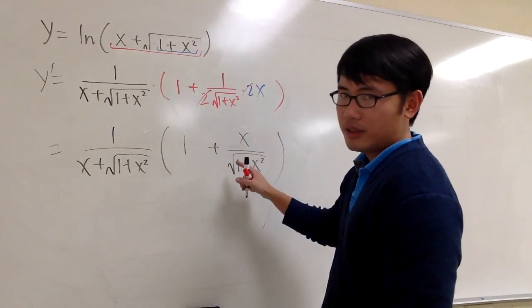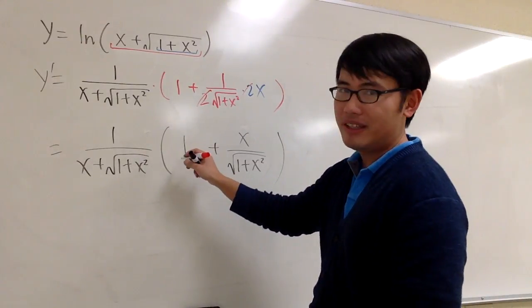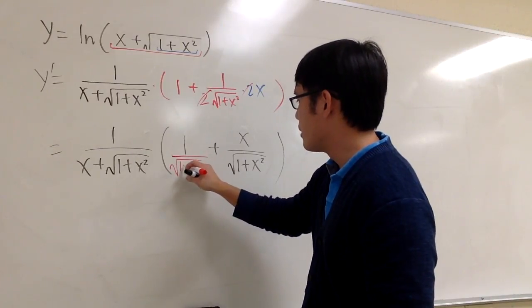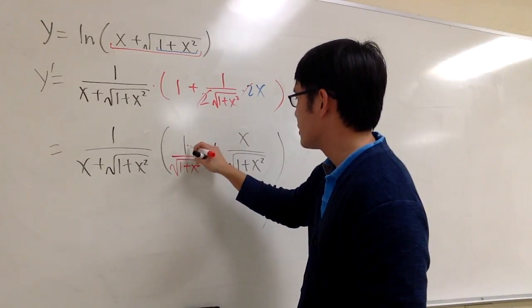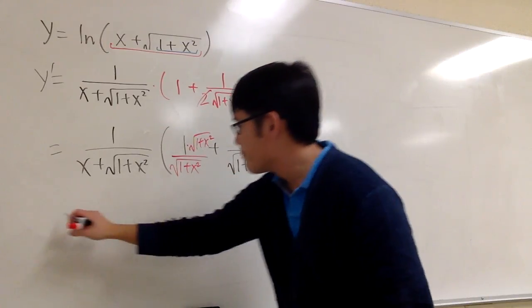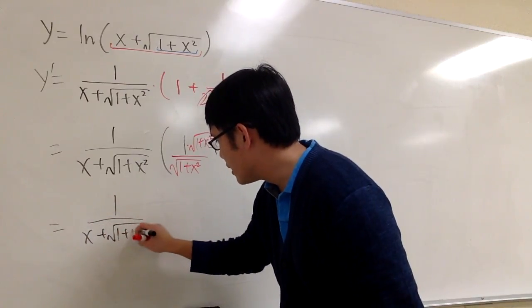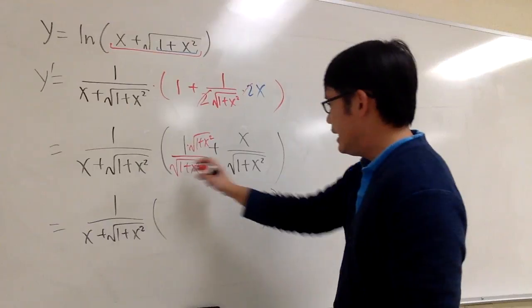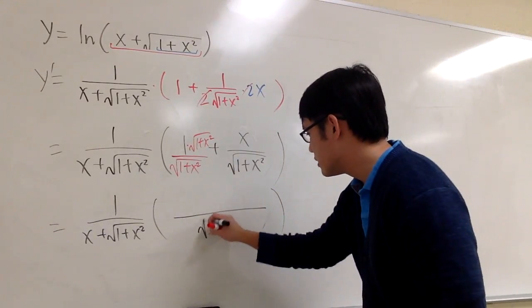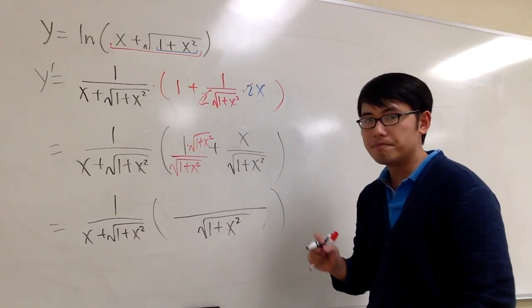1 plus a fraction. Let's combine fraction to see what happens. I will need to have the common denominator here. So this right here, I will have to get square root of 1 plus x squared. I will have to do the same on the top. Just like this. So this will be 1 over x plus square root 1 plus x squared. Inside here, because they have the same denominator now, I can put this down as square root of 1 plus x squared in the bottom.